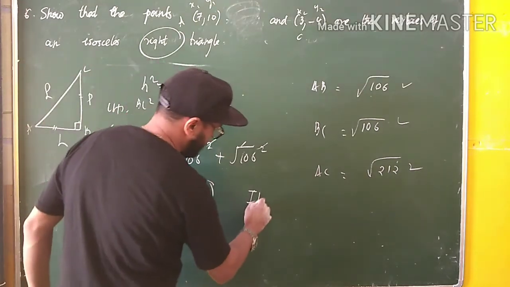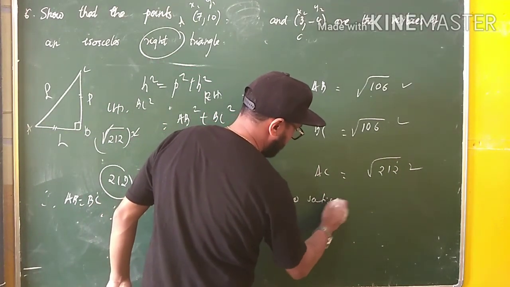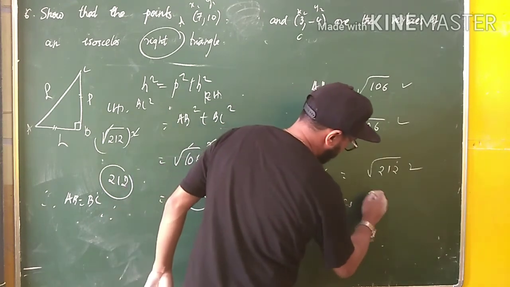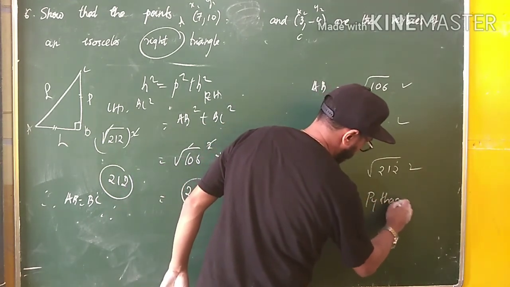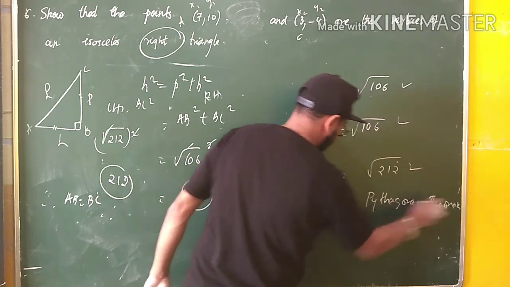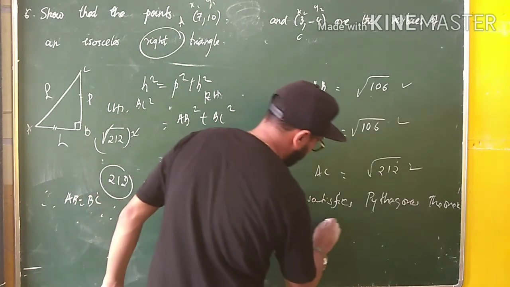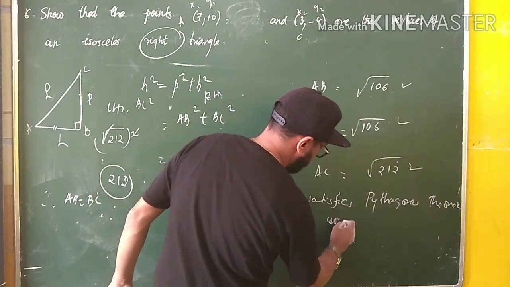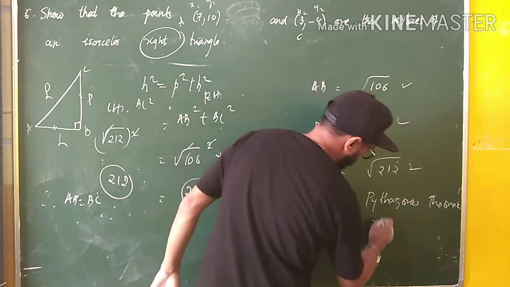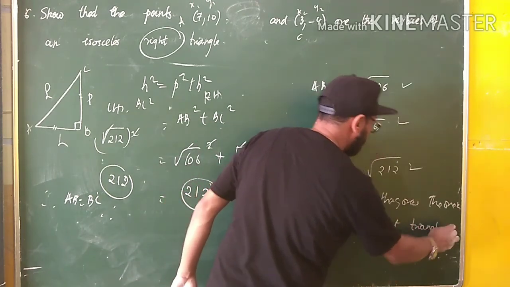So it also satisfies Pythagoras theorem. Therefore, ABC is an isosceles right angle triangle. So this is how we prove.